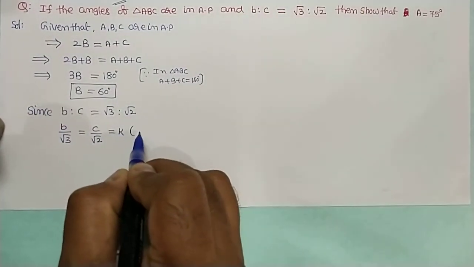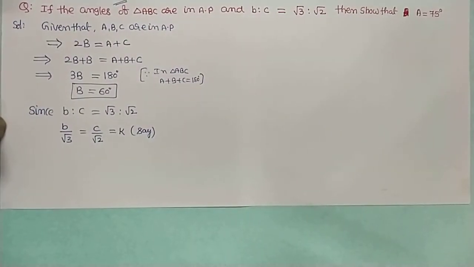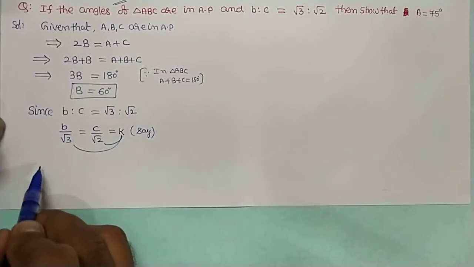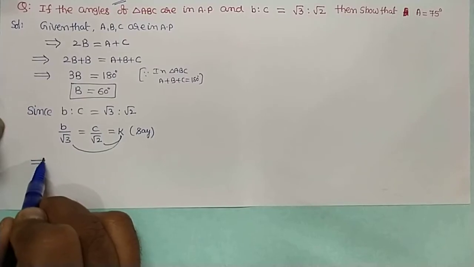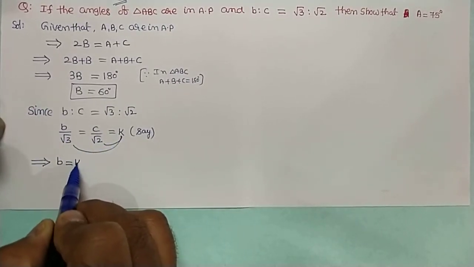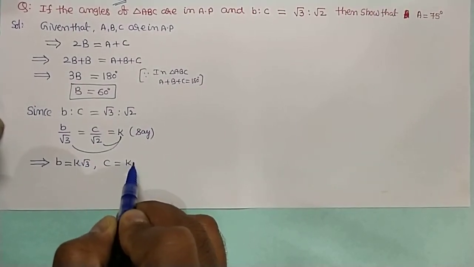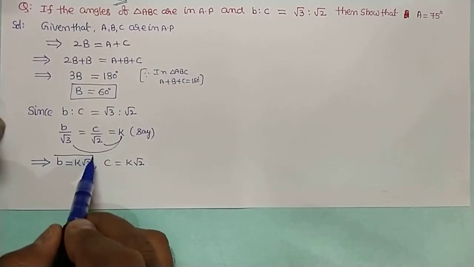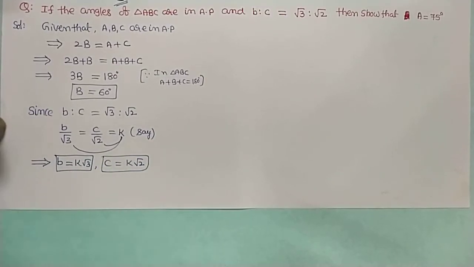We can assume that k. So by equating these, we will get the values of b and c. Small b is equal to k into root 3 and small c is equal to k into root 2. These are the values of the sides of the triangle, b and c respectively.